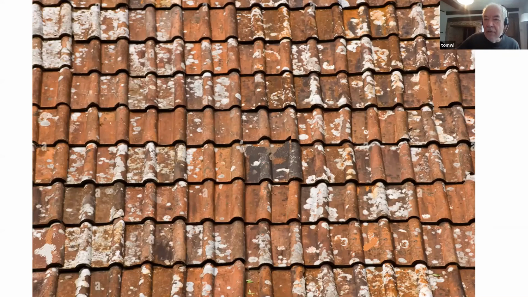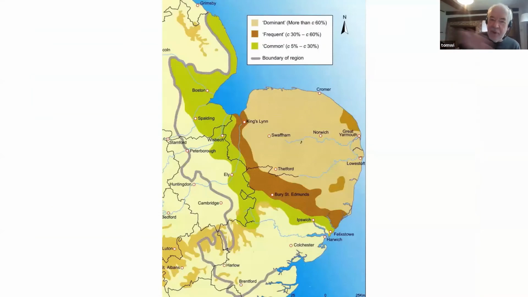They would appear to be a pretty straight example of cultural diffusion. It's a fashion that comes in and spreads across East Anglia and is much more dominant in the northeast of the region than towards the southwest. Straightforward.